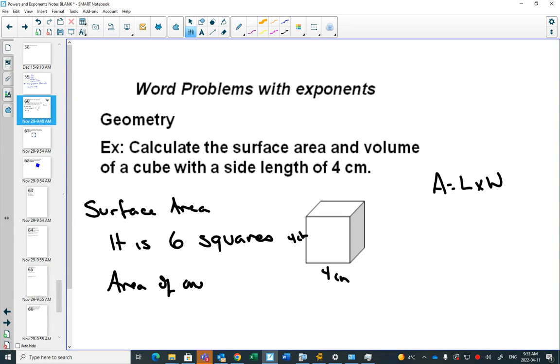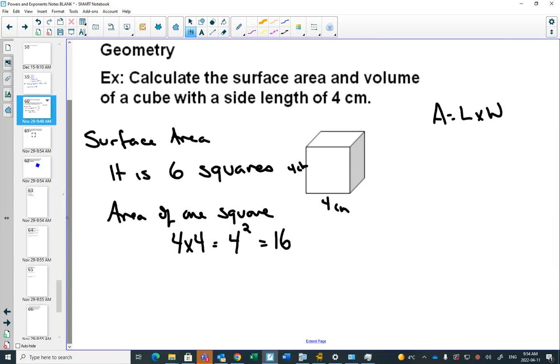Area of 1 square is 4 times 4, which we could write as 4 squared, which is 16. I know you get so excited about writing 16. And this is why surface area questions are in the exponents unit, because you could write it as 4 squared. But you could have done this question before the exponents unit because you know about area.